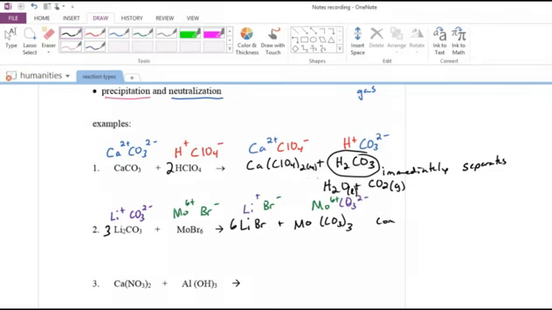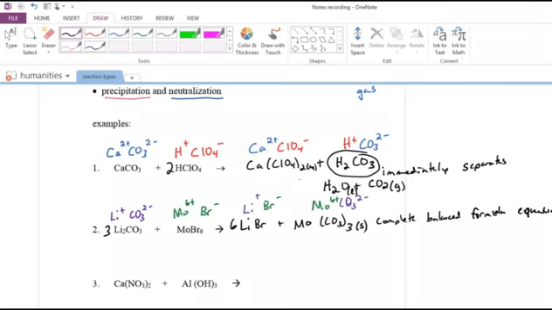And that is a complete balanced formula equation. But we could look at our solubility rules and see that that's the one that remains soluble.